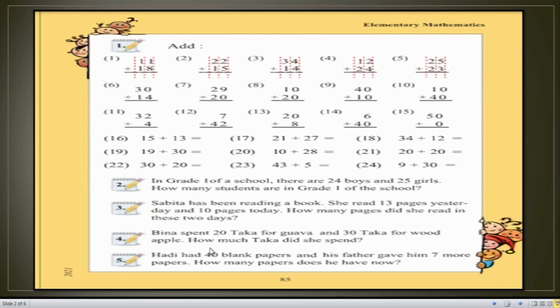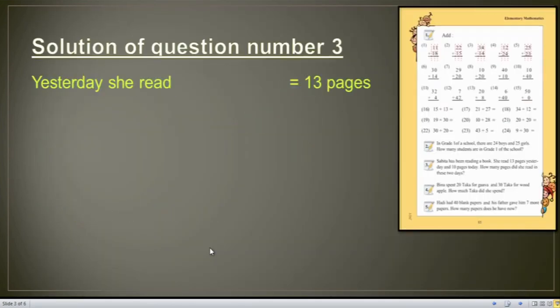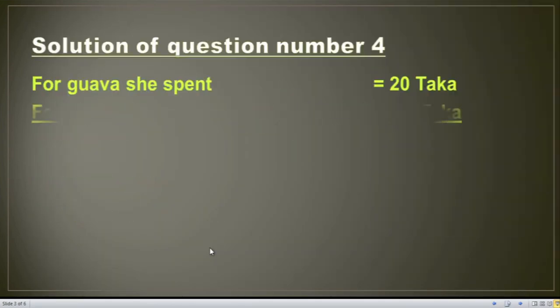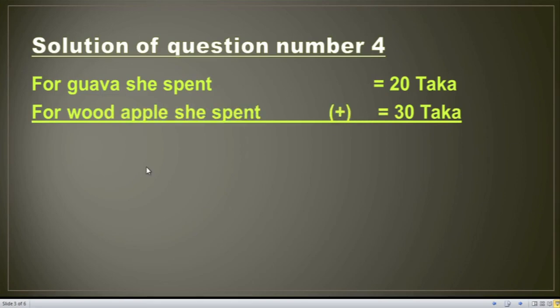So let's go to the board and see the question and the solution. In the first line you should write that for guava she spent 20 taka, and for wood apple she spent 30 taka. And because it is a question of summation, a question of addition, you should write a plus sign whenever you try to solve this question.